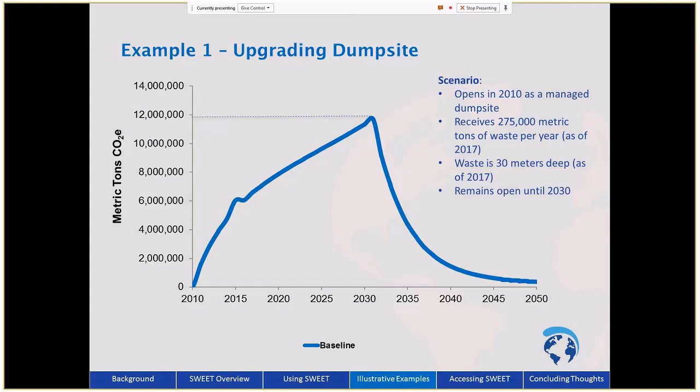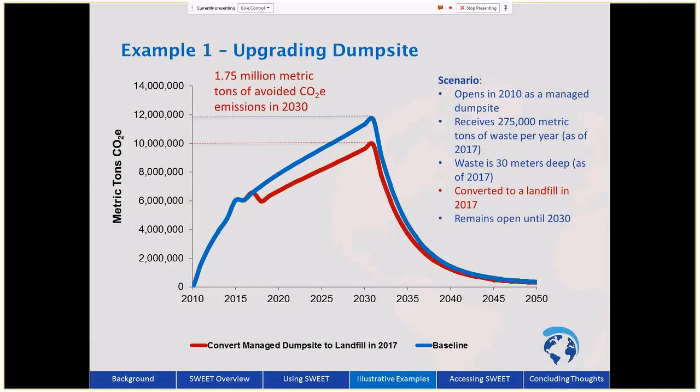Now, if we consider an alternate scenario where we convert this managed dump site into a landfill in 2017, so we begin managing the site as a landfill where we're putting down cover and using compaction, we could see in the year 2030, the peak year of emissions, a potential emissions reduction benefit of 1.75 million metric tons of CO2e emissions avoided.